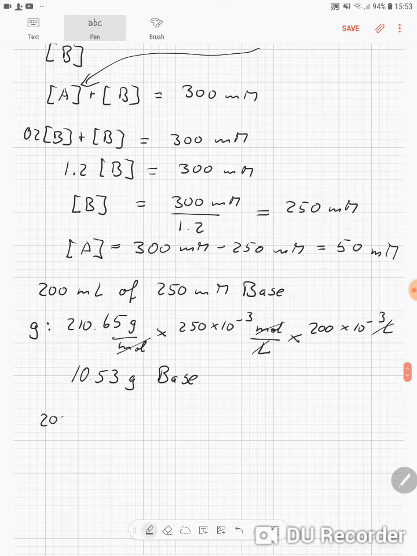And we can also do that for our acid. So here our task is 200 milliliter of 50 millimolar acid. And we use dimensional analysis.